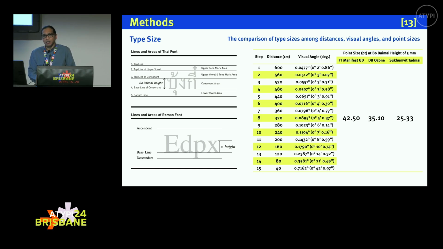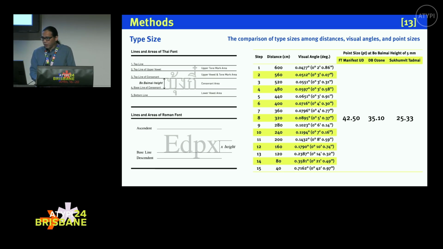Bobby high is the height of the letter Bobby, which has no ascender and no descender. So to make equalization, I decided to use the Bobby high measurement rather than the point size.